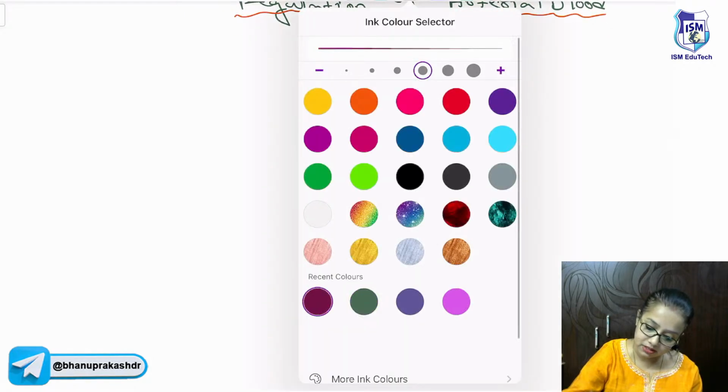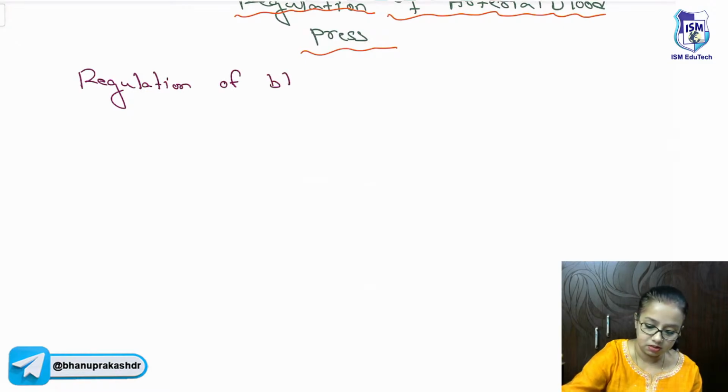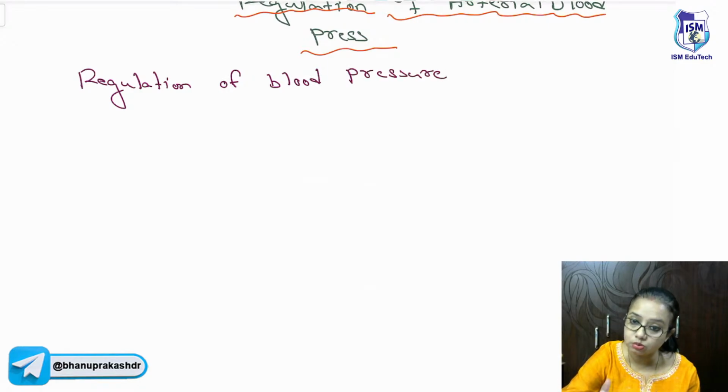Okay. Now, regulation of blood pressure. It is of two types. After regulation of blood pressure, we will also see the effect of position on the blood pressure.